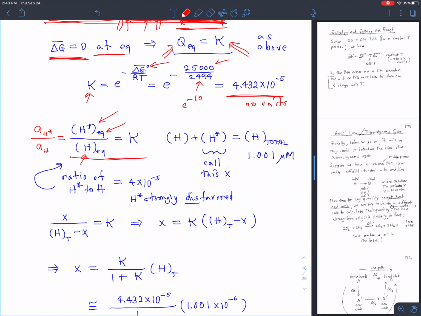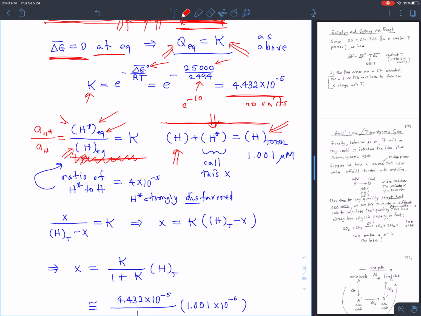That's one relationship, but we have two quantities that we have to solve for, right? We need both the open concentration and the closed concentration. That means we need another relationship. One relationship won't give us two quantities. The other relationship is this one, which says that the amount of open hexokinase plus the amount of closed hexokinase has to equal the total amount of hexokinase.